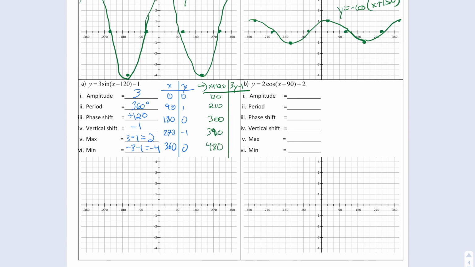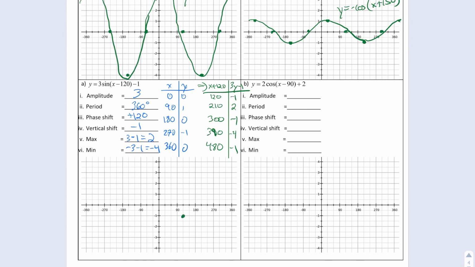We'll figure it out once we get graphing. So my y values. There's my minimum. Okay, so let's plot this.